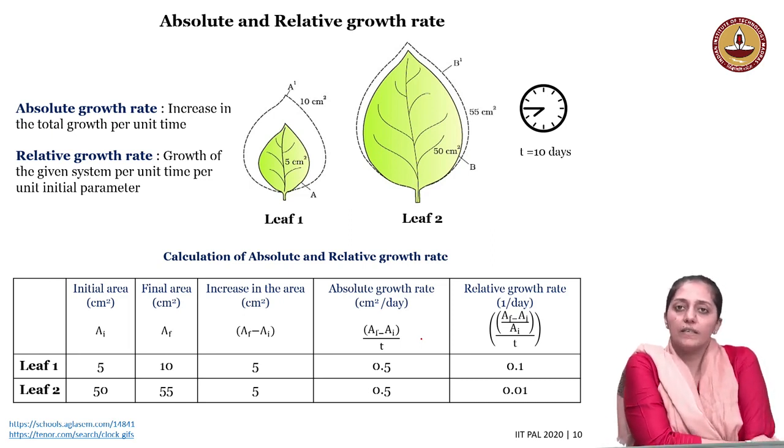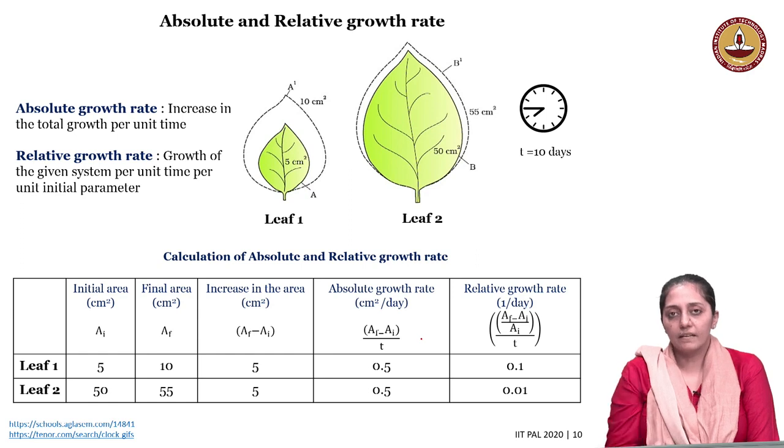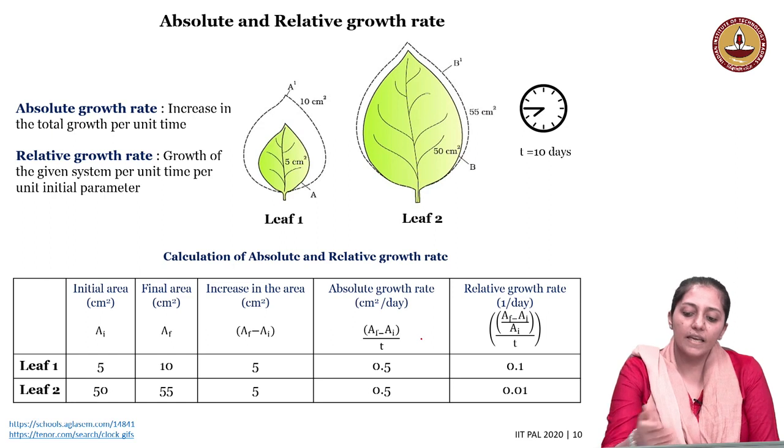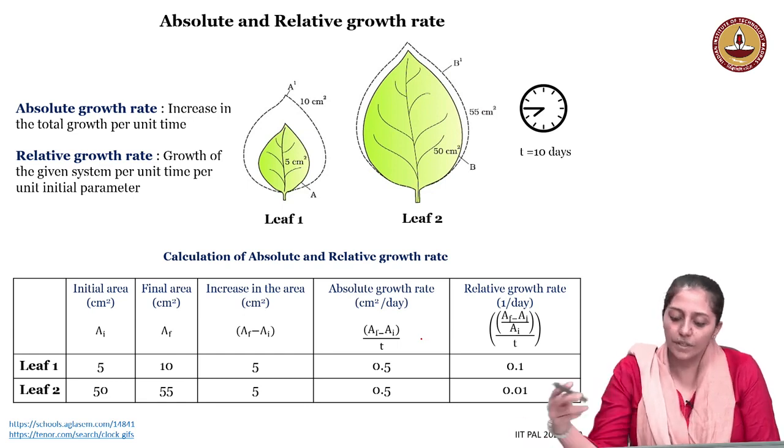As I mentioned earlier, this is the increase in the area, in this case per unit time. The difference is the same in both the cases, leaf 1 and leaf 2, which is 5, and this happened in 10 days. So, your absolute growth rate would be 0.5 centimeter squares per day, isn't it? As shown here.